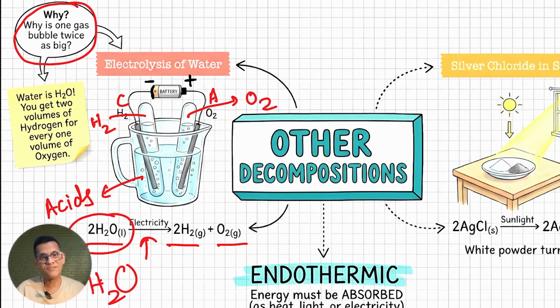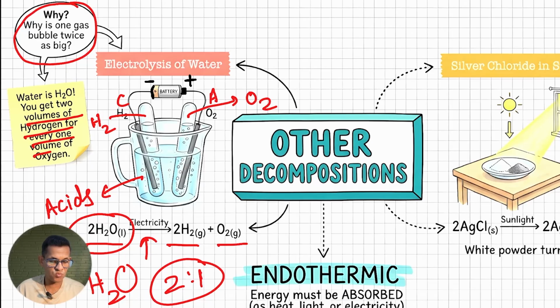So that means for every one oxygen there are two hydrogen atoms being released. So the ratio is 2:1. Hydrogen to oxygen ratio is 2:1, and hence when you split water, you will get 2 volumes of hydrogen for every 1 volume of oxygen. This is one more thing that you need to remember.